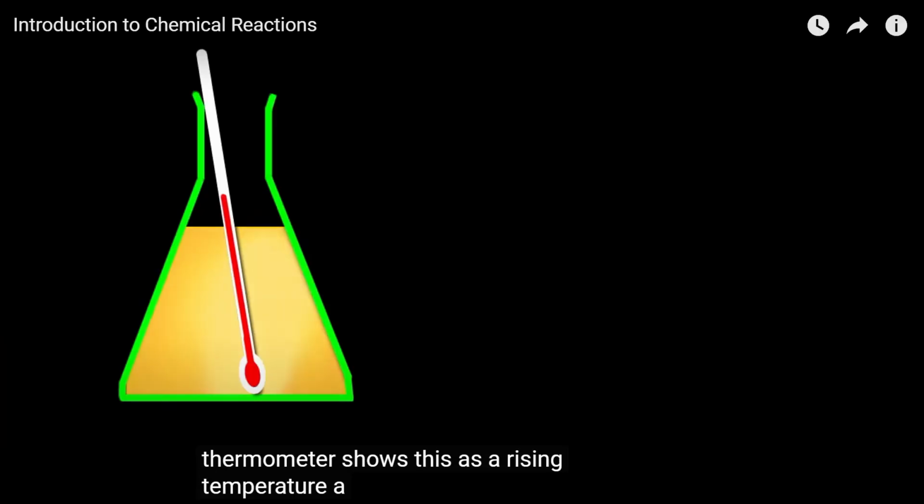Okay, so can you guys think of a chemical reaction where you can feel heat coming out of it? Fire, exactly. If you have a fire, that's a reaction where the heat is coming from the reaction, it's coming out into the surroundings, into the environment.